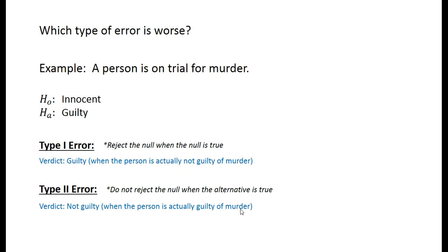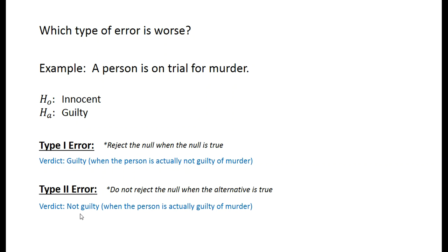Now we have to figure out which one's the worst type. Both of them are bad. With the type 1 error, we have a verdict of guilty when the person's actually not guilty, so we're sending an innocent man to jail. With the type 2 error, it's not guilty when the person is actually guilty, so we're letting a guilty person go free.